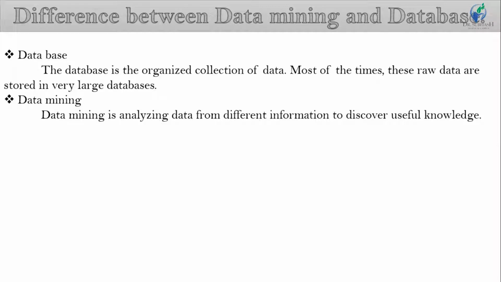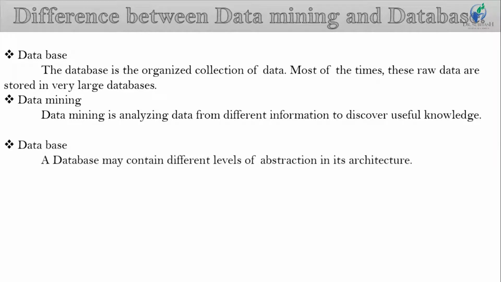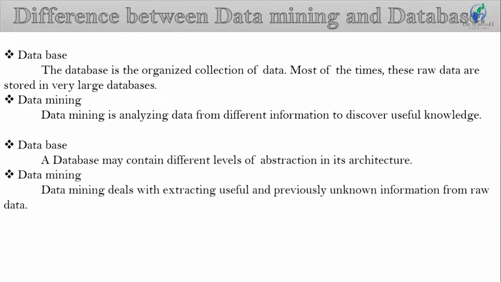Next, a database may contain different levels of abstraction in its architecture. In data mining, we say data mining deals with extracting useful and previously unknown information from raw data.